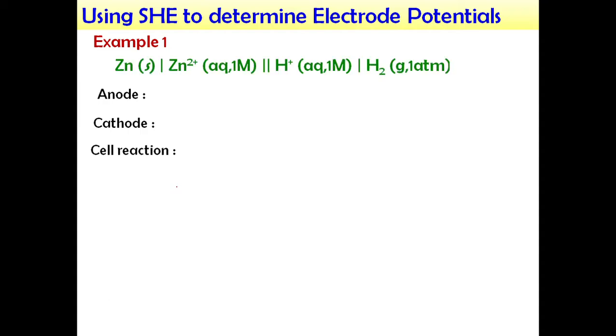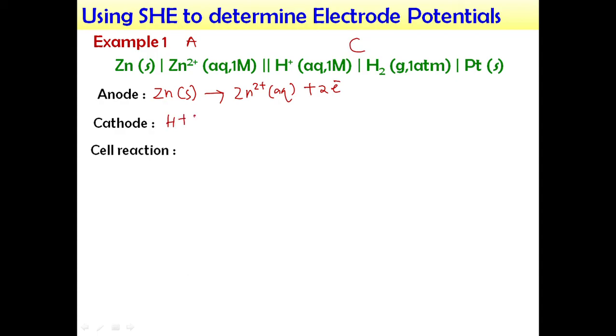So, kita tengok dekat sini. This is the cell notation for our electrochemical cell. So, dekat anode berlaku reaction antara zinc menjadi zinc 2+. Dia akan menderma ataupun melepaskan 2 elektron. Okay, manakala dekat cathode ada H+ kepada H2.